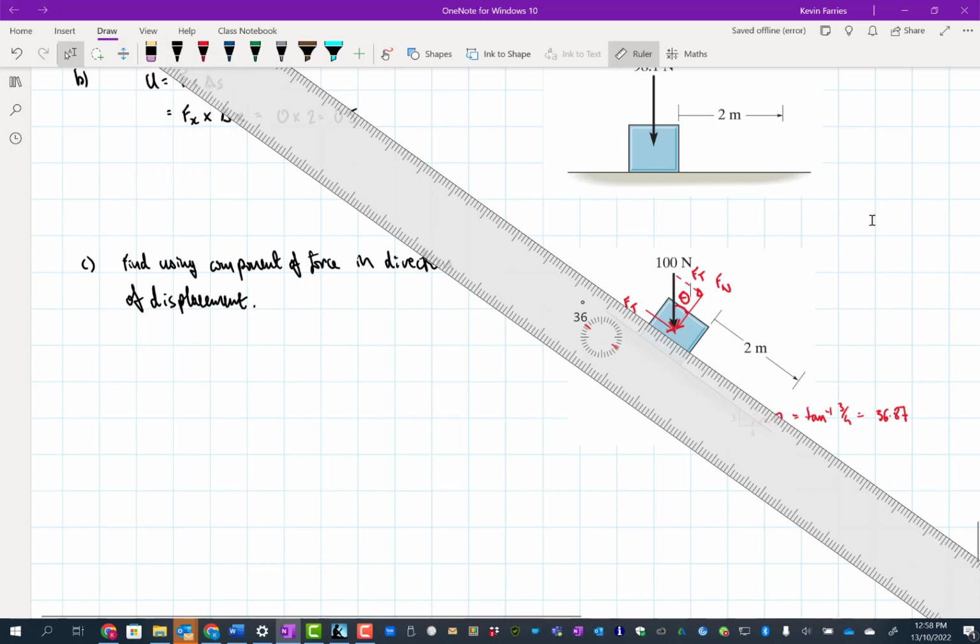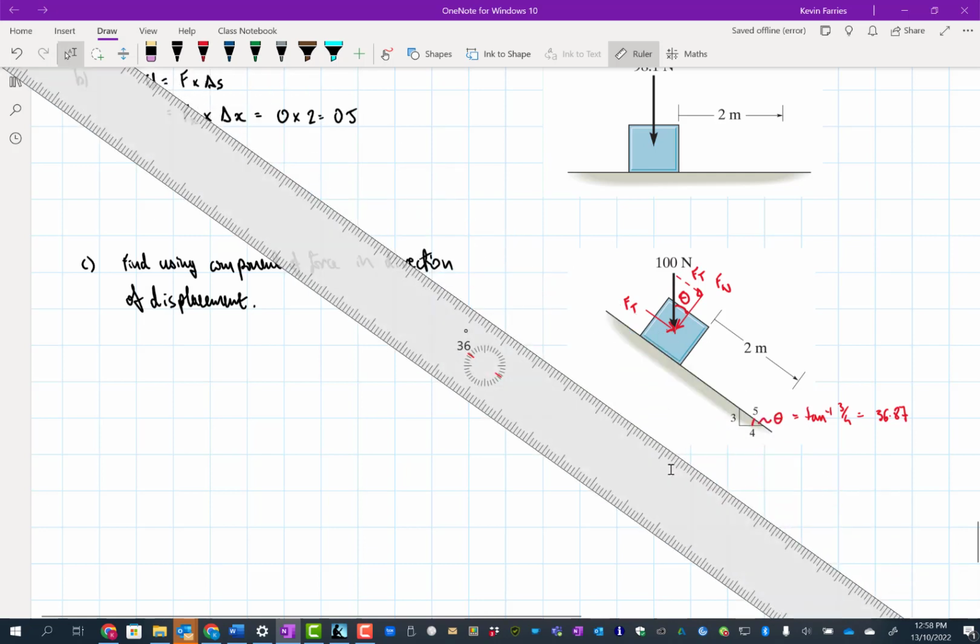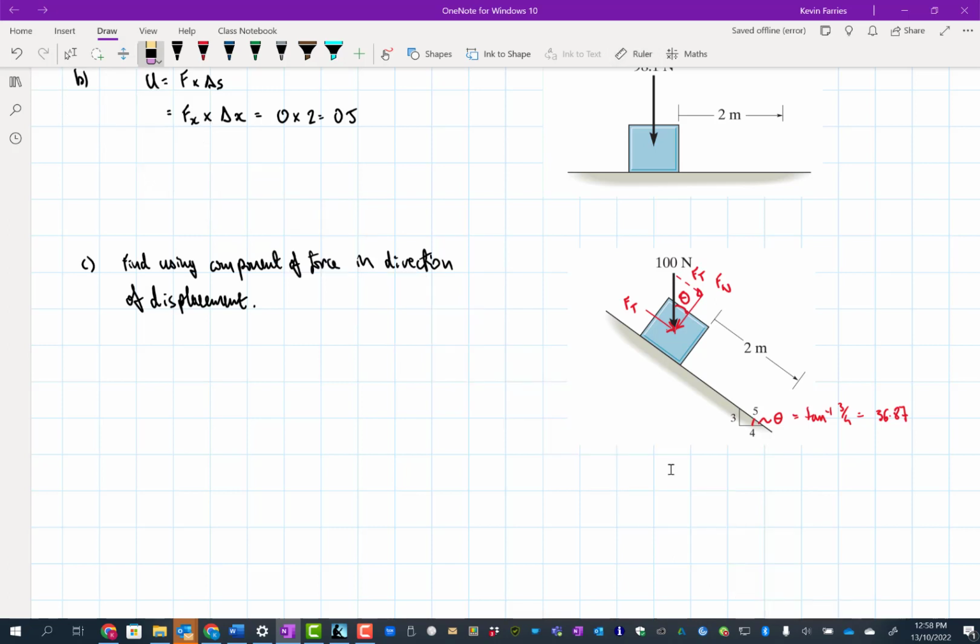Now, actually rather than stuff around with the 3, 4, 5 rules, I'll just put in that angle there is 36.87.